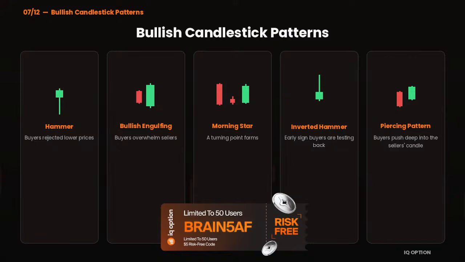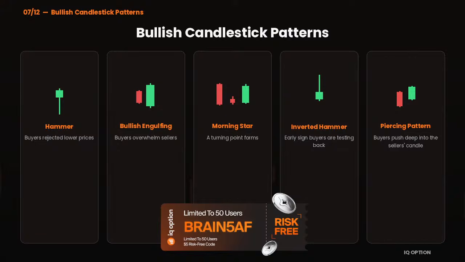The next thing we're going to talk about is the bullish engulfing. We talked about this in the last webinar, but if you haven't joined the last webinar, we will talk about it again today, really quick, so we're going to move faster. A bullish engulfing is a small red candle followed immediately by a much bigger green candle that completely covers it.